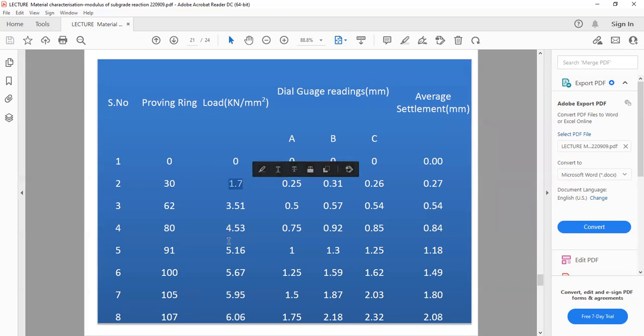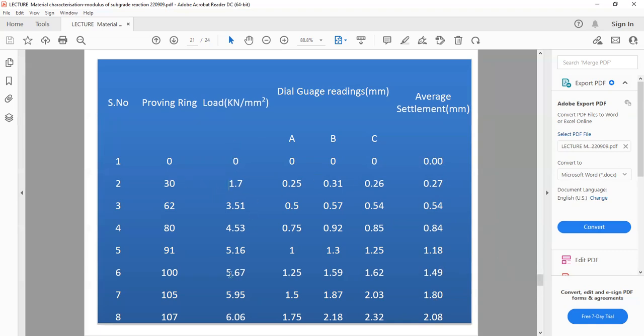Then you have readings from dial gauges A, B, C, where you take the average of the settlement in this column. These are measured in the field. The other columns are derived columns from the data on the left.